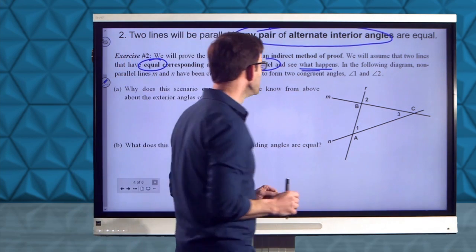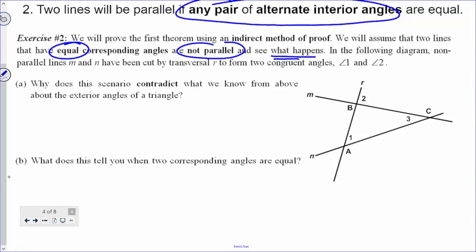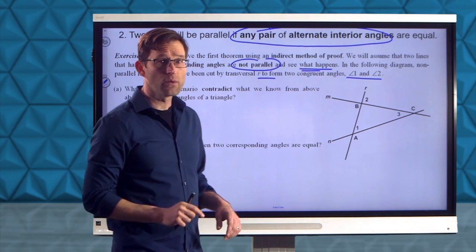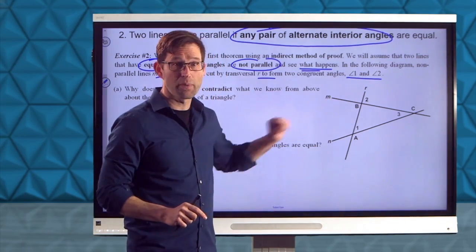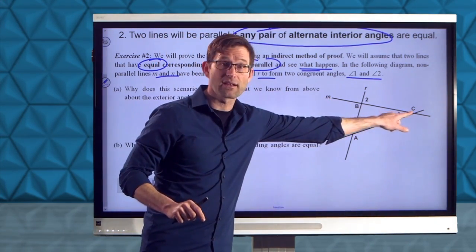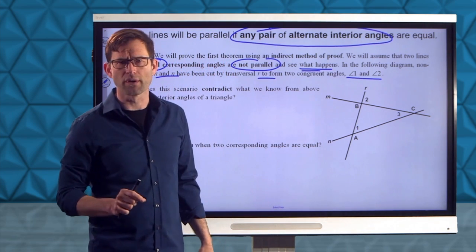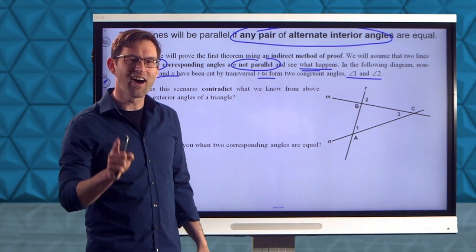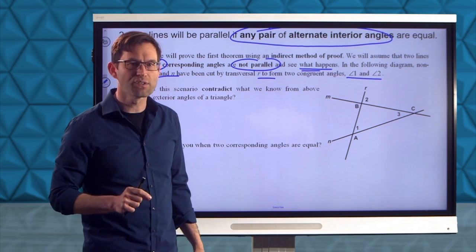All right? In the following diagram, non-parallel lines, M and N, have been cut by transversal R to form angles 1 and 2. Now keep in mind, what makes two lines not parallel is that they intersect. That's amazingly important. Two lines are not parallel if they intersect.